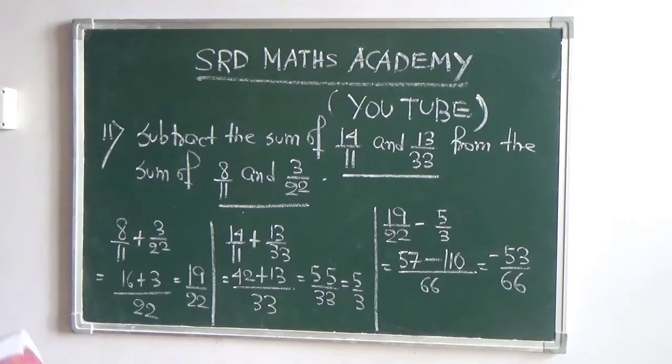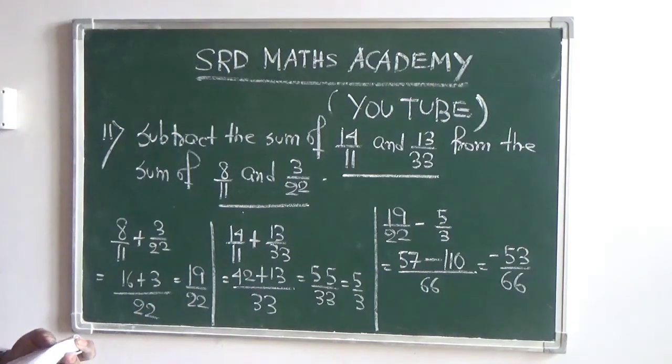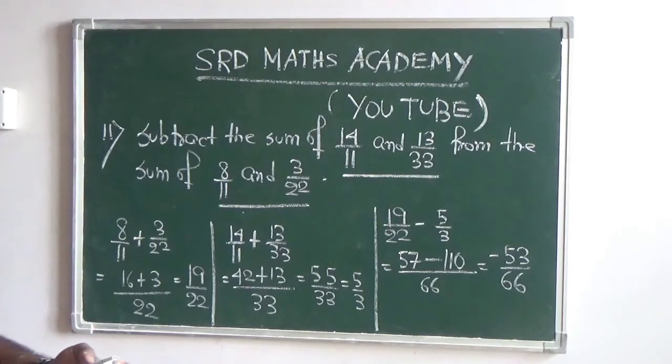So question number 12. The sum of three rational numbers a by b, c by d and e by f is 13 by 60. And if the sum of a by b and c by d is 2 by 15, find e by f. Very simple question it is.